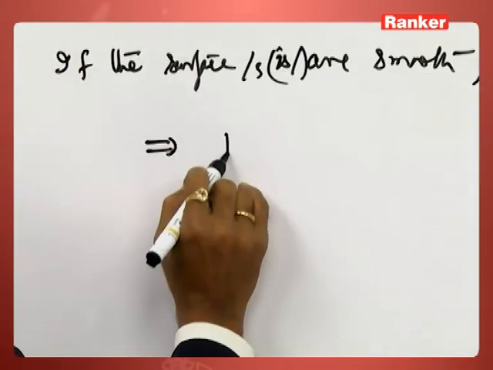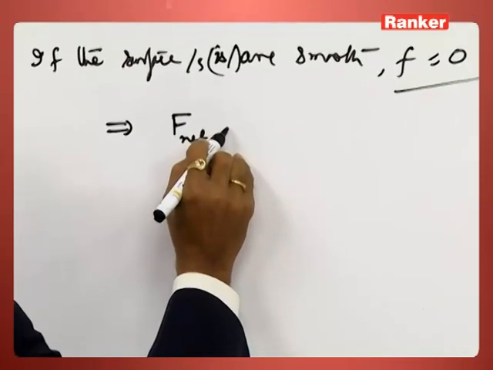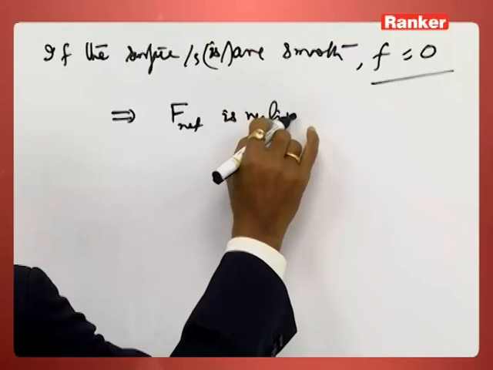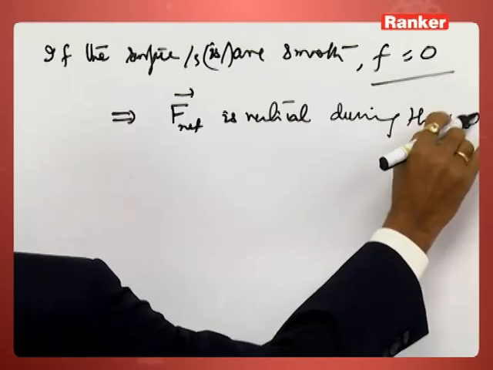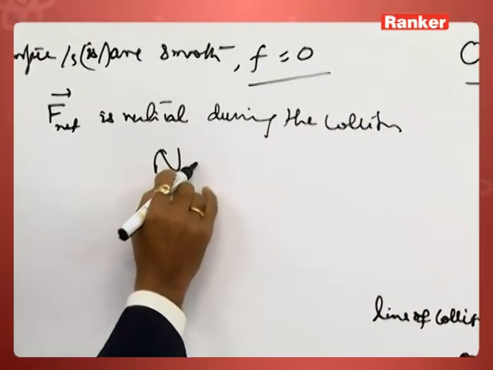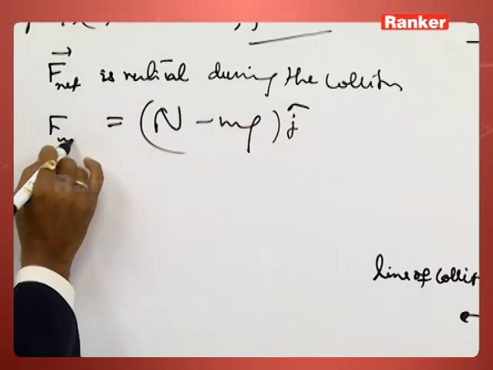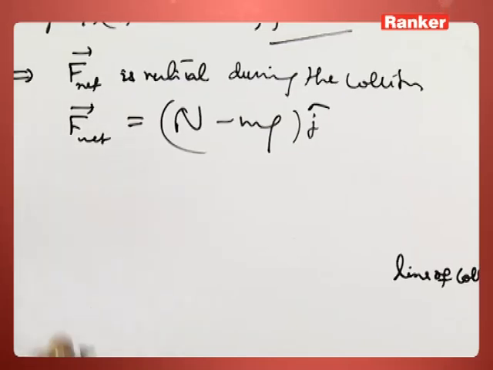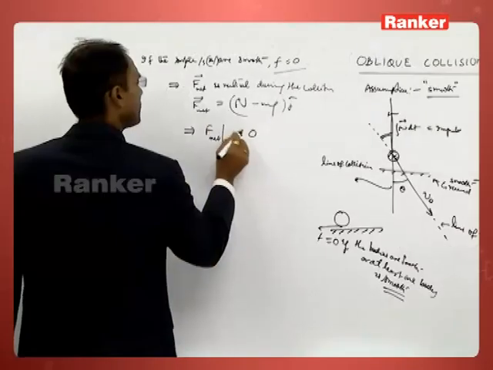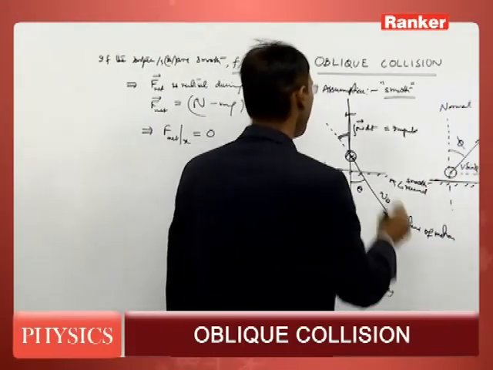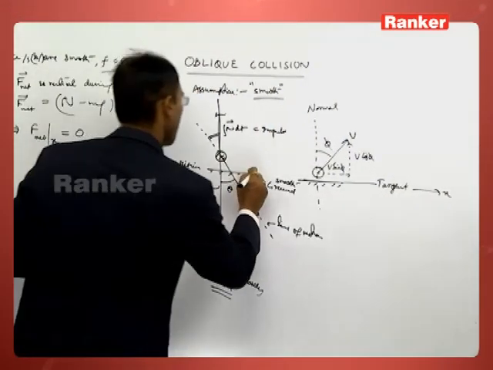Therefore, the net force is vertical during the collision, that is N minus mg. This means that the net force along the x direction, or tangential direction, is always 0 under this condition. Net force along the x direction is 0.